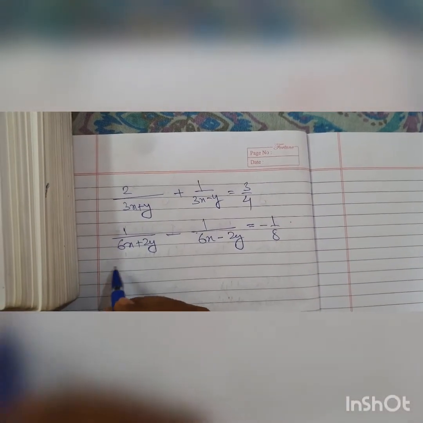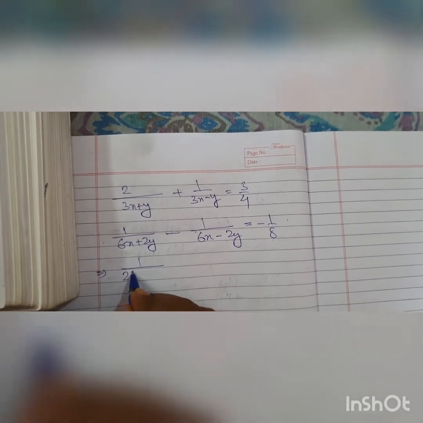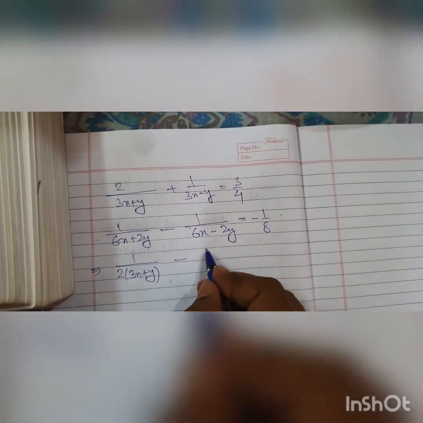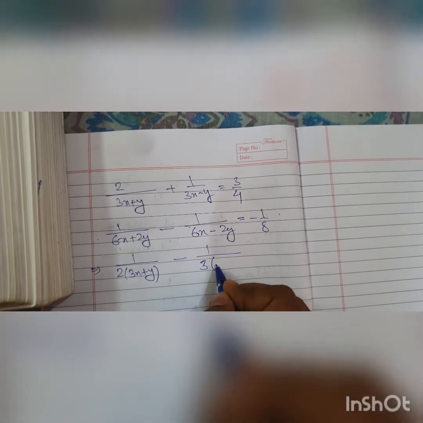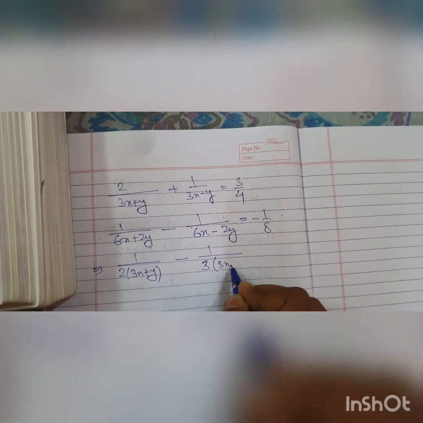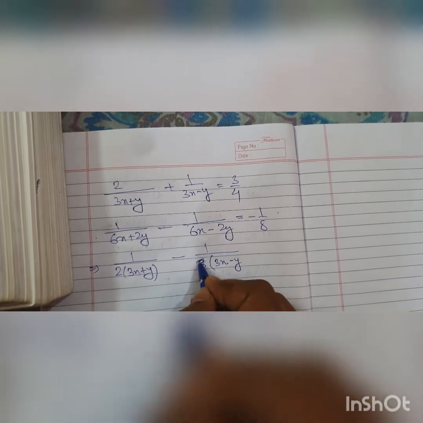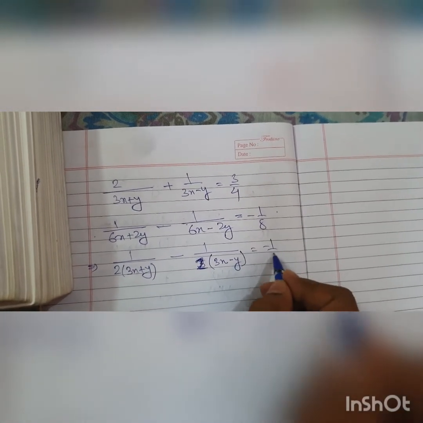You have to notice that in this second equation 2 is common, so it will come 1 by 2 into 3x plus y minus 1 by 2 into 3x minus y equals minus 1 by 8.